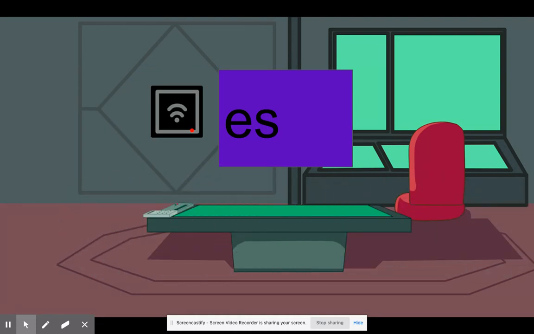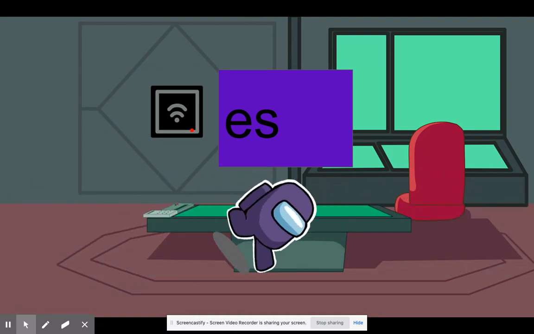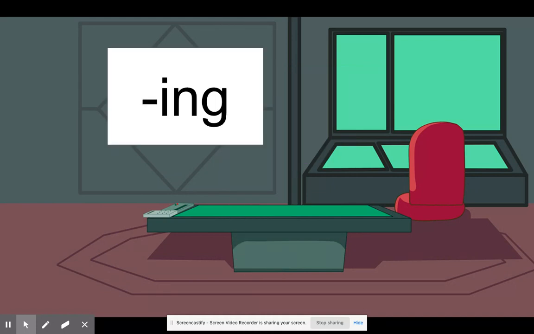Let's look at another one that is common to us, and that is ing. Now, ing has two different meanings, but we focused on one in our previous lesson. Ing is a suffix that, when attached to a verb, indicates that it is happening now.